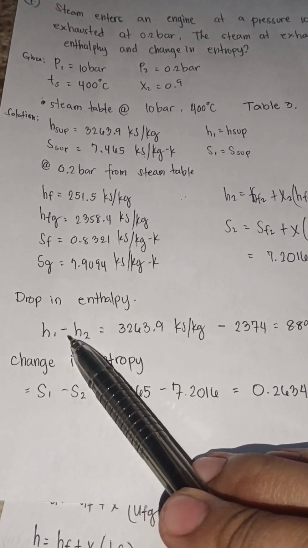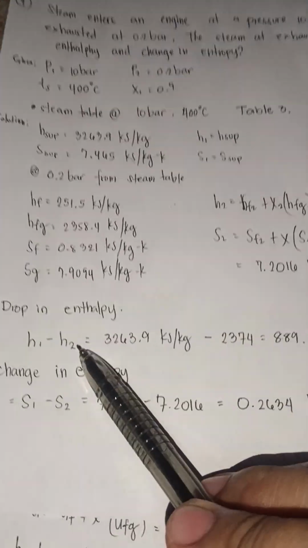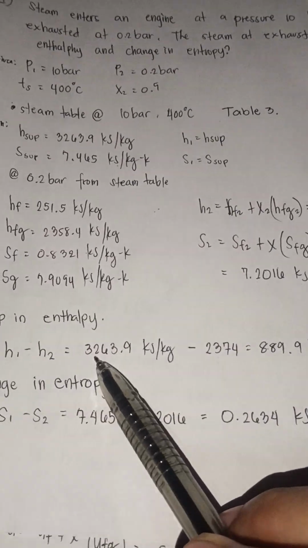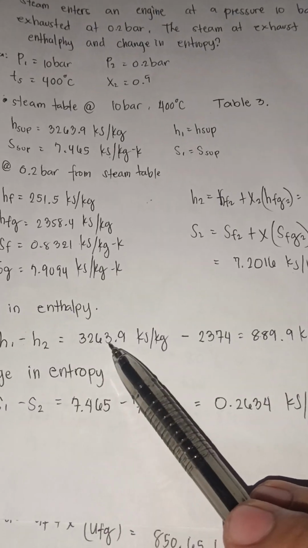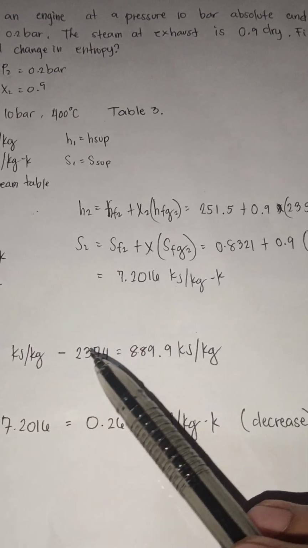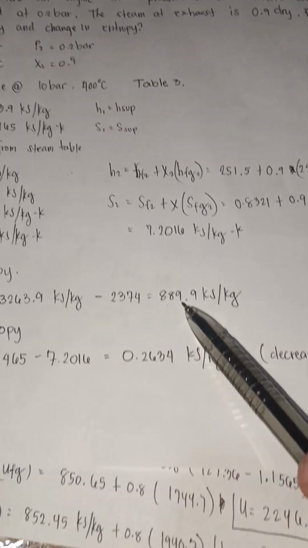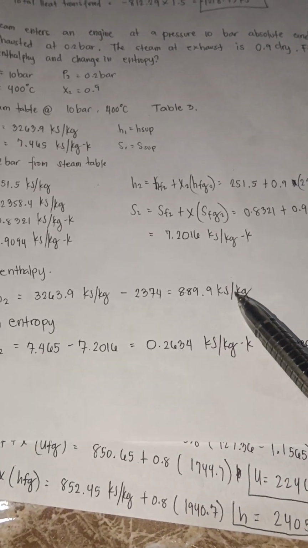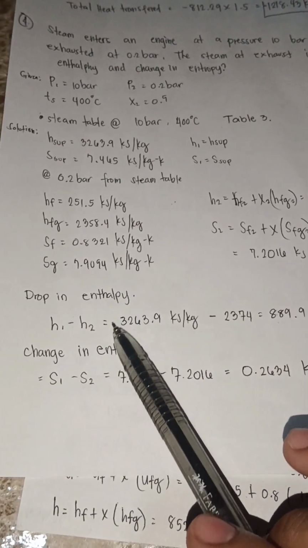So the drop in enthalpy, or change of enthalpy, is the initial minus the final: 3263.9 kilojoules per kilogram minus 2374 is equal to 889.9 kilojoules per kilogram. Therefore the enthalpy has dropped.